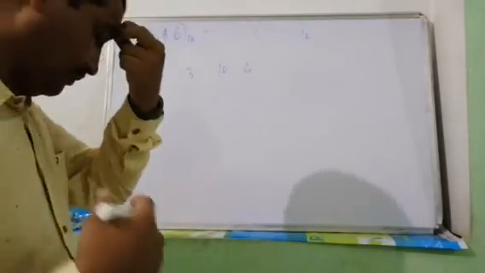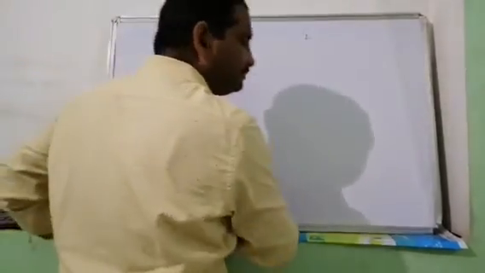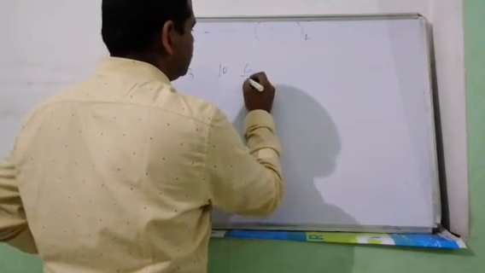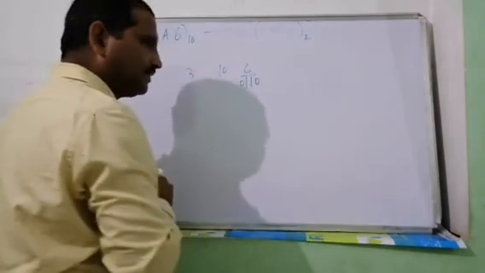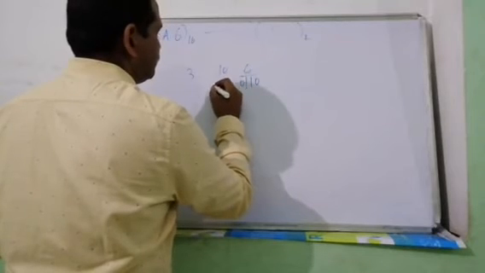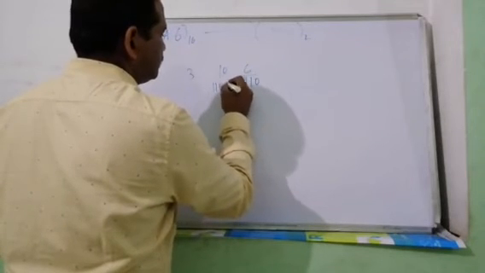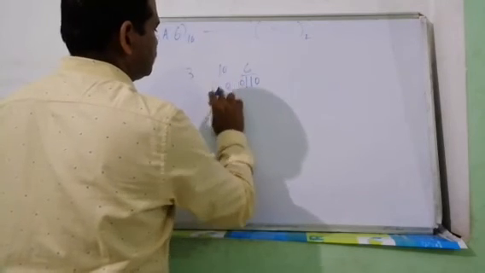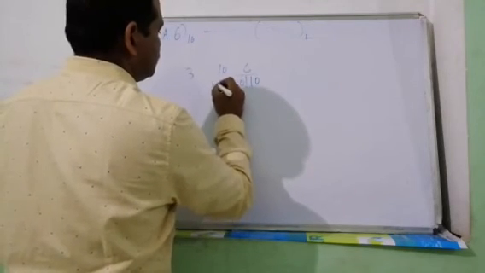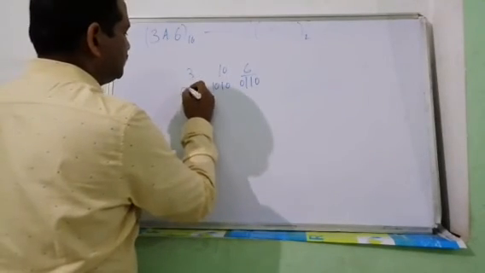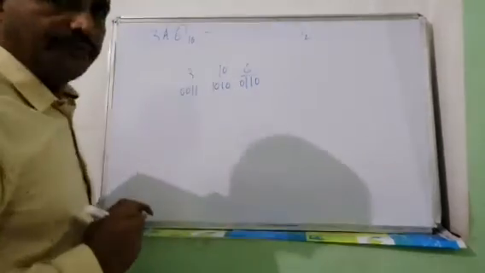We have to convert each into a binary number. 6 is 0110, 10 is 1010, and 3 is 0011.